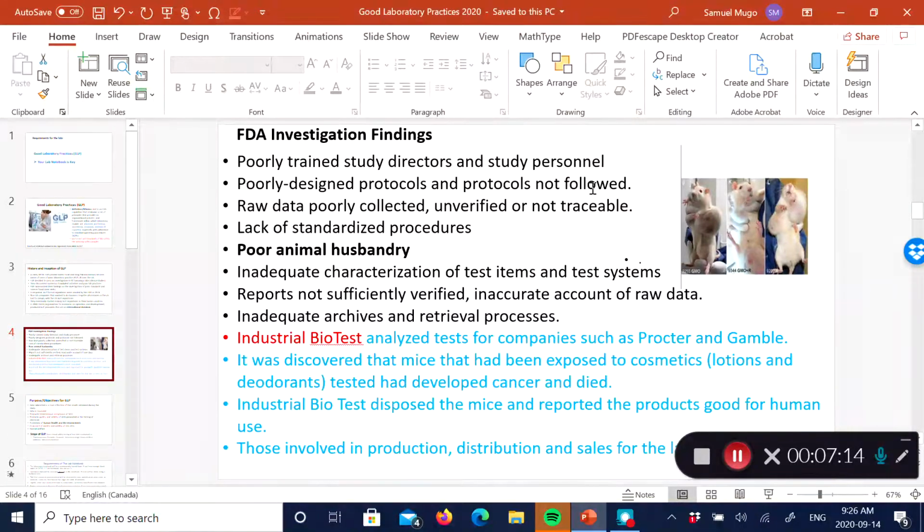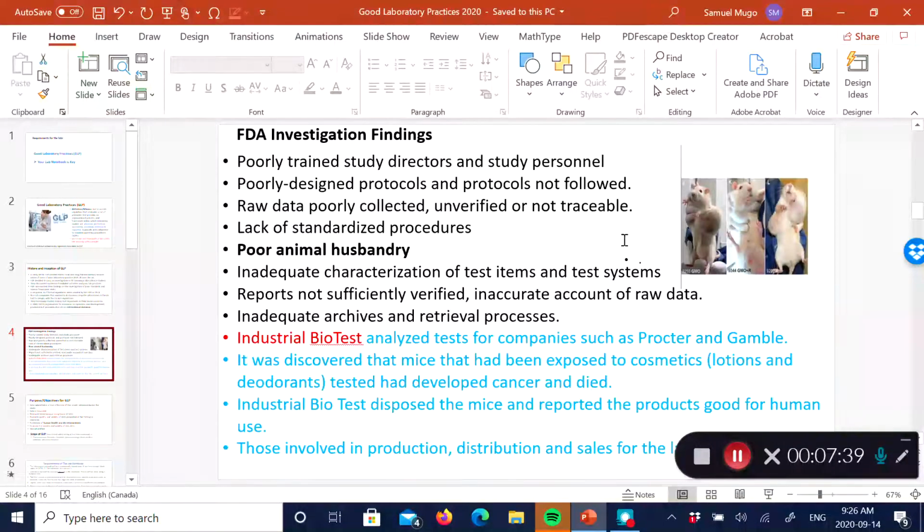And that way it's easy for anyone to actually reproduce based on the standard operating procedures or the protocols that you've documented. And so they realized this company had not done so. Also, the raw data was poorly collected and verified and was not traceable. They could not trace in the lab notebooks where the data is.